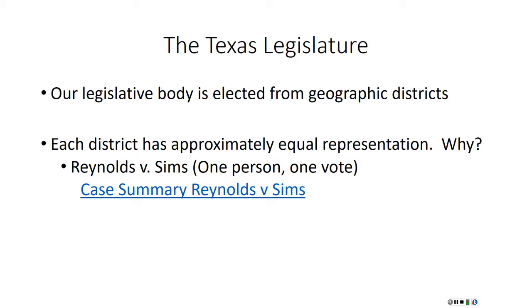What's for dinner? Tacos or hamburgers? District 1 says tacos. District 2 says hamburgers. District 3 says hamburgers. Therefore, we are having hamburgers for dinner. Why?